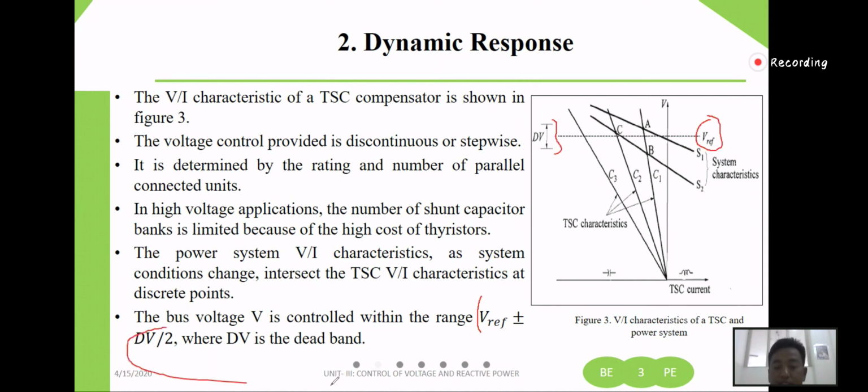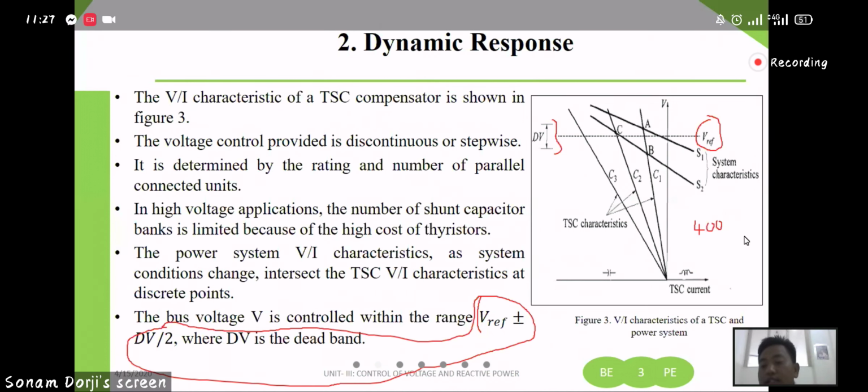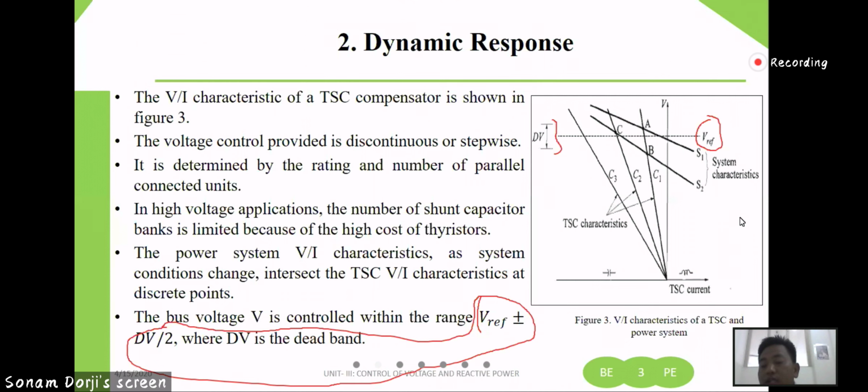So I'm saying dV is the dead band, reference plus or minus dV by 2. Normally in most equipment you will see 400 volt like this, and then it will be written plus or minus. Most of the time it will be given in terms of percentage, 5% or 10%, which means it is the dead band, right? Acceptable. So it will be governed by this equation.